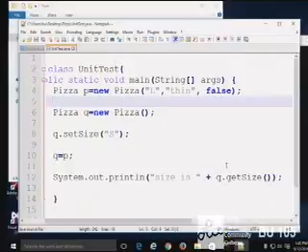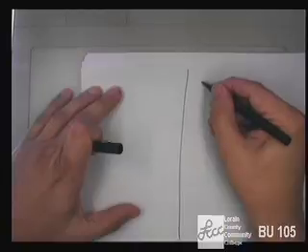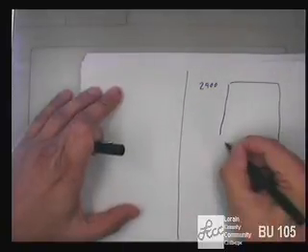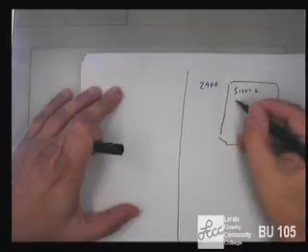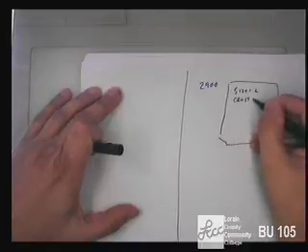First line, pizza P equals new pizza, large, thin, false. So what does that do? Well, it does pretty much what we did before. Creates on the heap a pizza object. Size equals L. Crust equals thin.